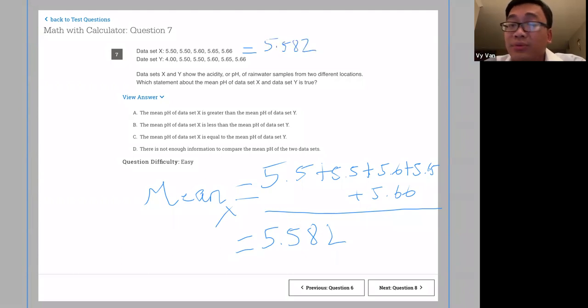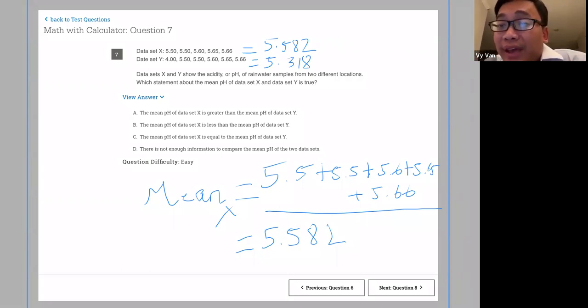And then similarly, we do the same thing for set Y: 4 plus 5.5 plus 5.5 plus 5.6 plus 5.65 plus 5.66. There are 6 data points, so we divide by 6. It's 5.318.